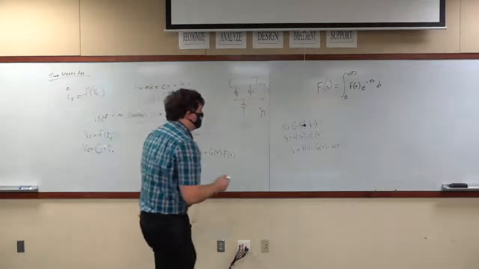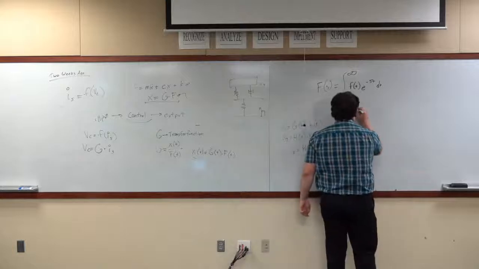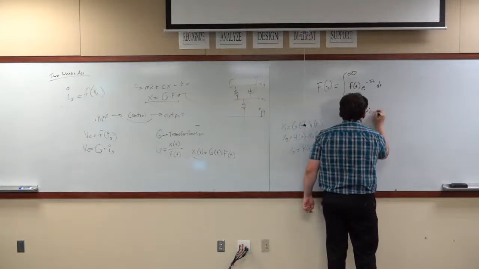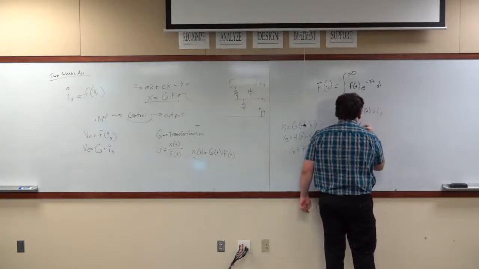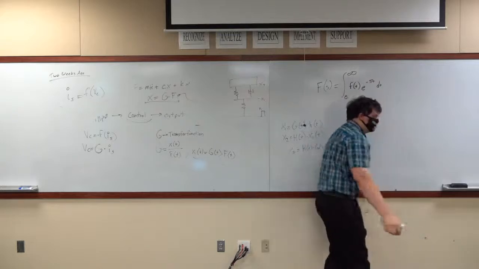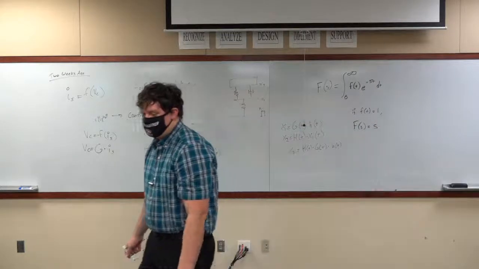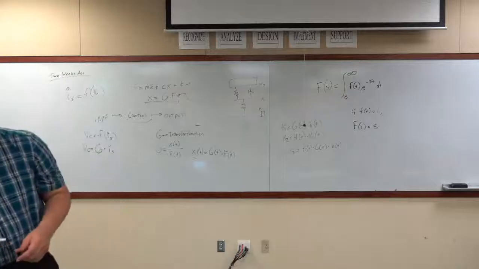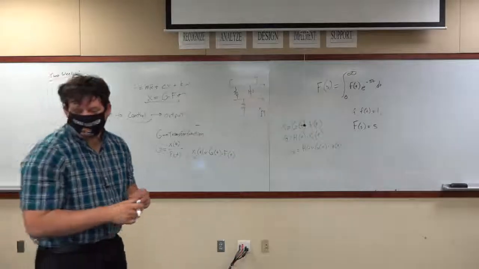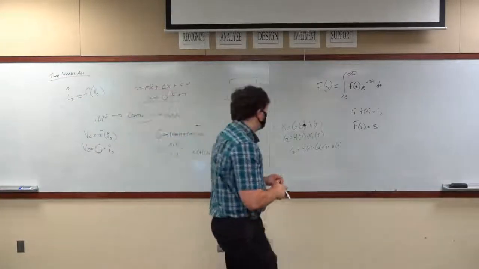So for example, if f of t equals 1, then F of s is equal to 1 over s.